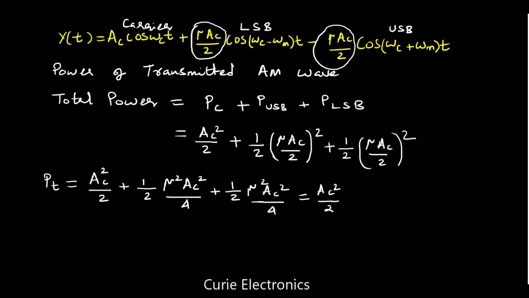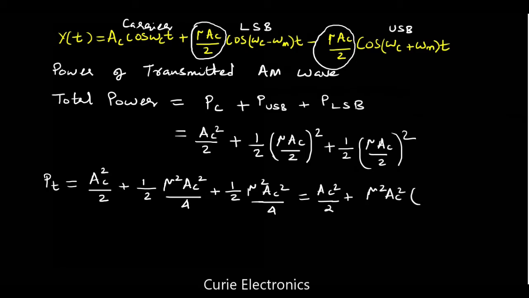If you multiply 1 by 2 into 1 by 4, it will be 1 by 8. We take mu square Ac square common out from the second and third terms.